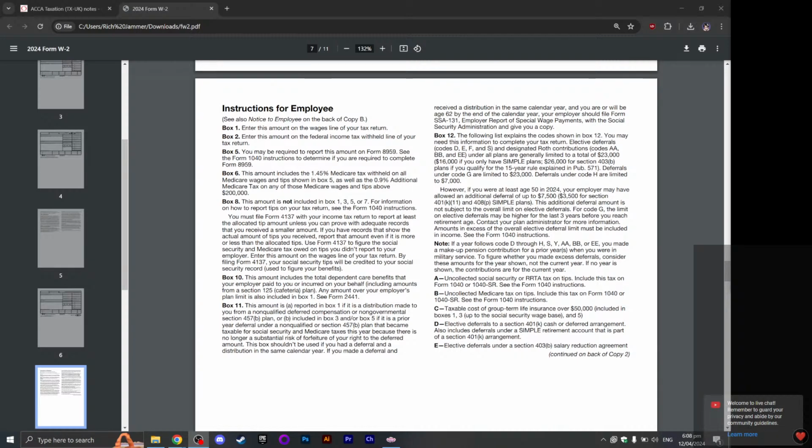However, if you were at least 50 in 2024, your employer may have allowed additional deferral. This additional deferral amount is not subject to the overall limit on elective deferrals. For Code G, the limit on elective deferrals may be higher for the last 3 years before you reach retirement age. Contact your plan. I don't know what any of these are.